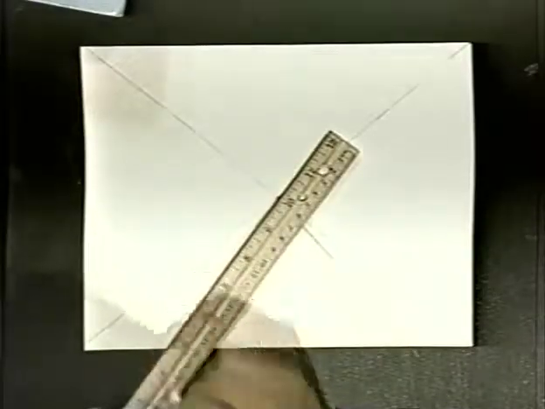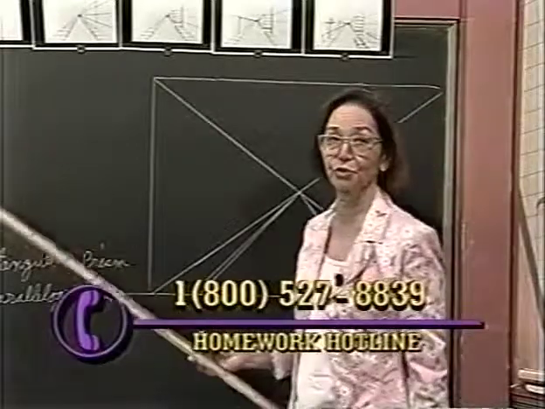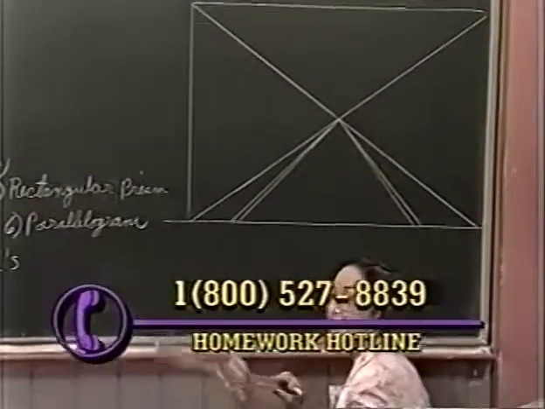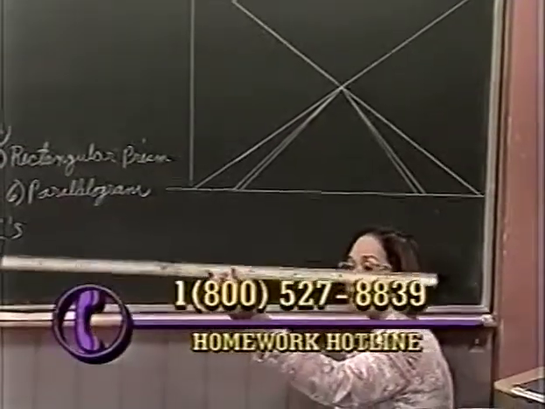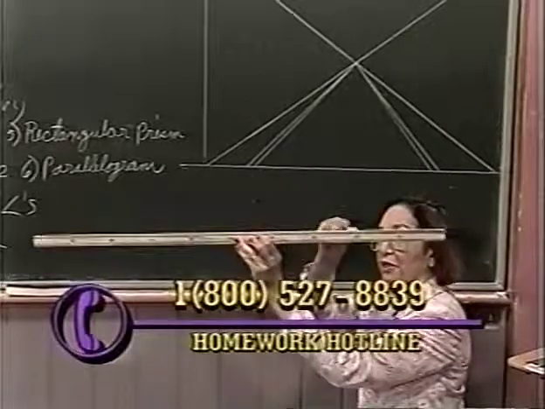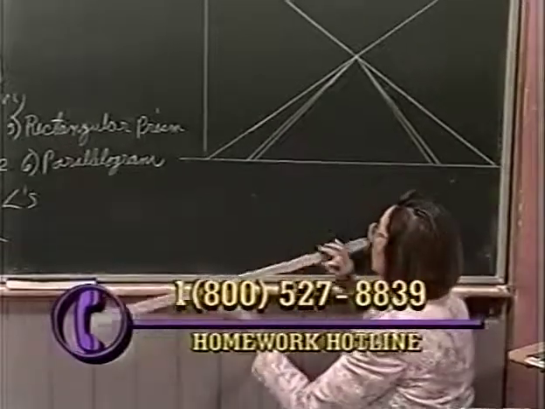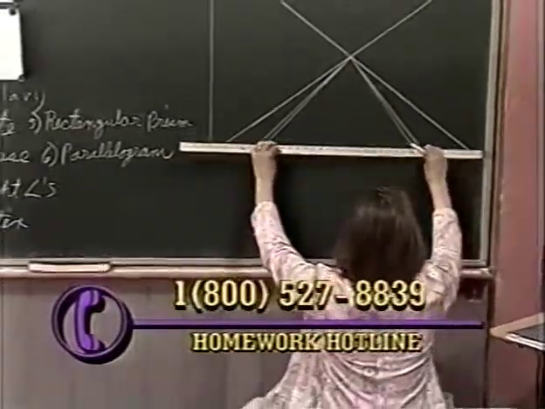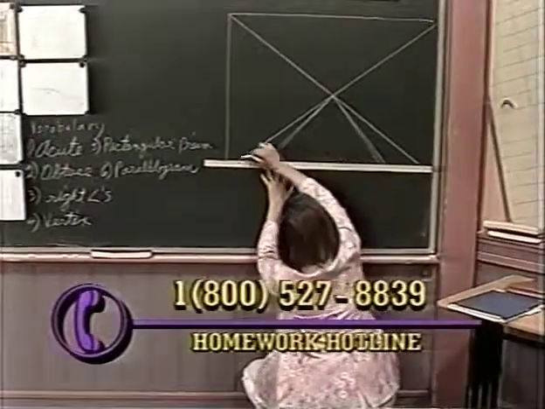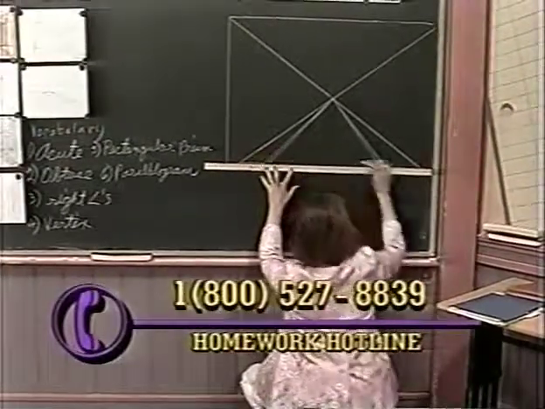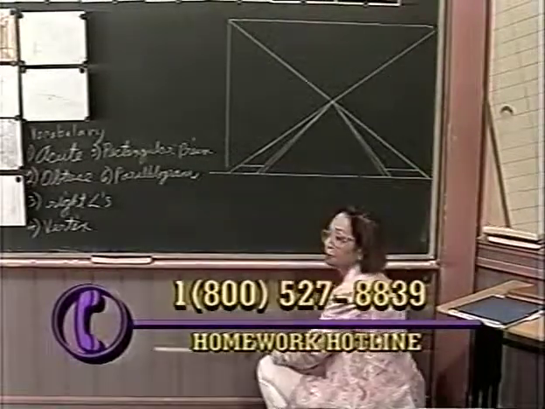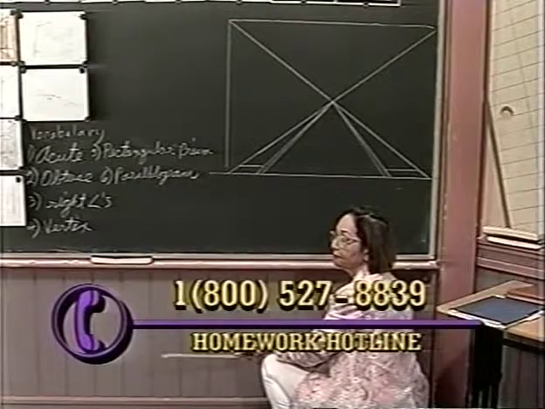Now I always tell my students, if you're going to make a mistake, this is where you're going to do it. So, in order to keep from making a mistake, I tell my students that our ruler has two parallel sides, one here, one here. So, if I lay the bottom of my ruler on the bottom edge of my paper and draw along the top, I know that the lines that I draw along the top are going to be parallel with the base of my paper.